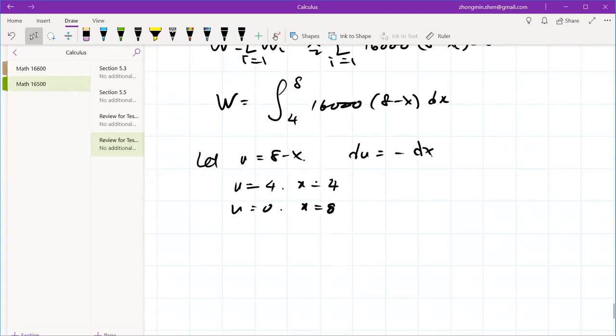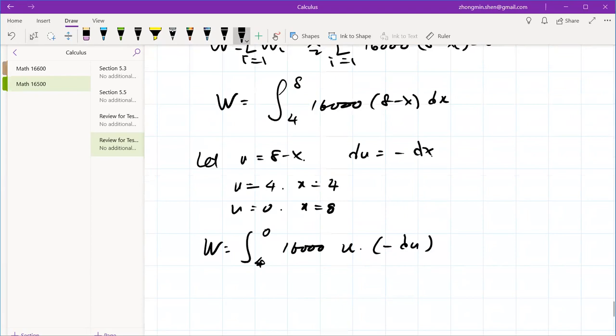All right, so this integral becomes the integral from 4 to 0 of 1,000 times 16, right? And then this is u and the negative du.